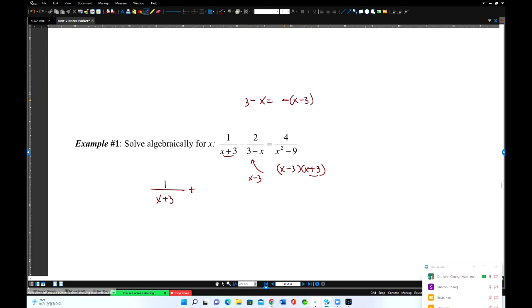We need a negative number, so we replace this with negative x minus 3. We got the negative, another negative 3 is a positive. So 2 over x minus 3 now equals what? 4 over x minus 3 and x plus 3. You're going to adjust to get the same factor.